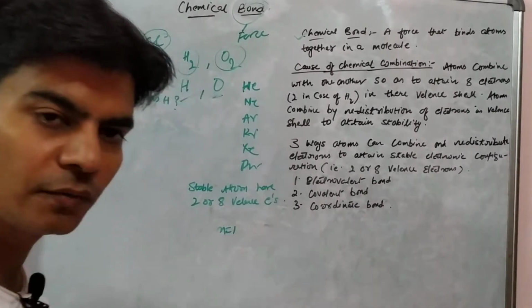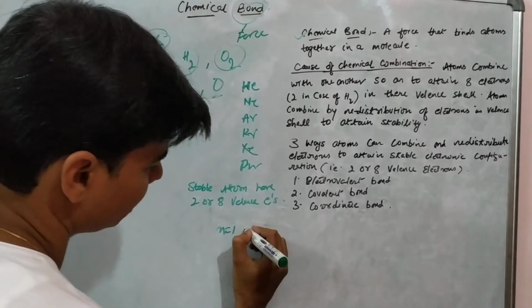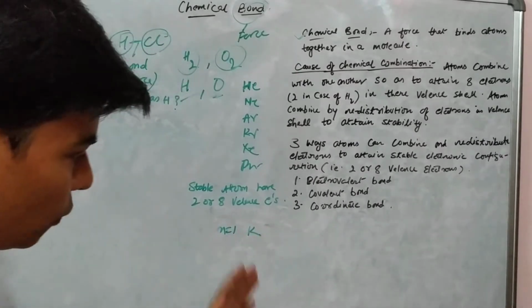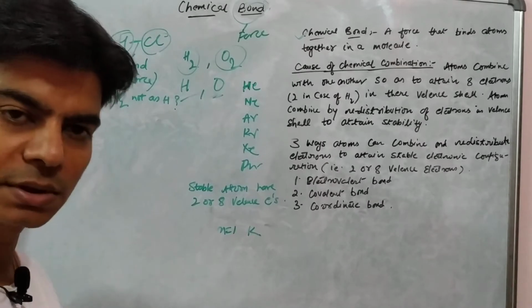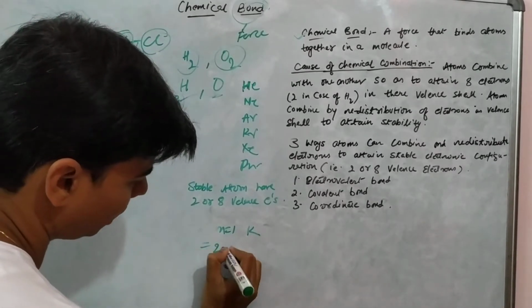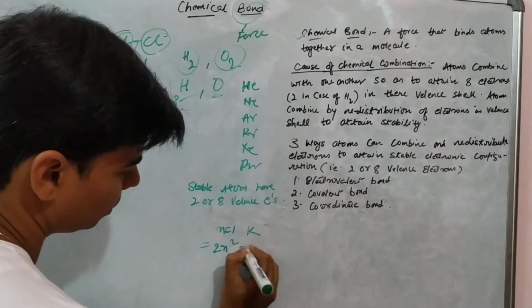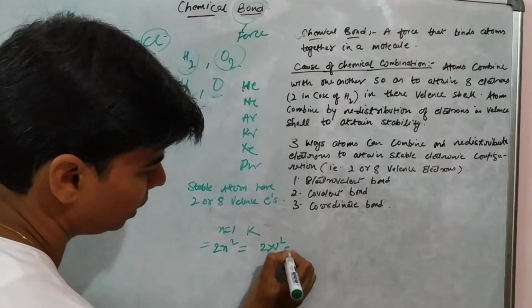The total number of electrons that the first shell can accommodate is given by the formula 2n square, where n is the number of the shell. So it would be 2 into 1 square, 2.